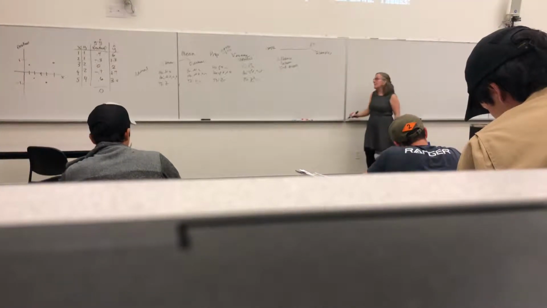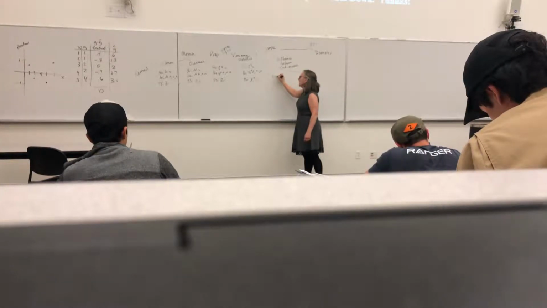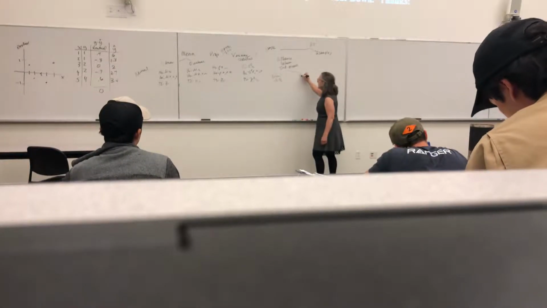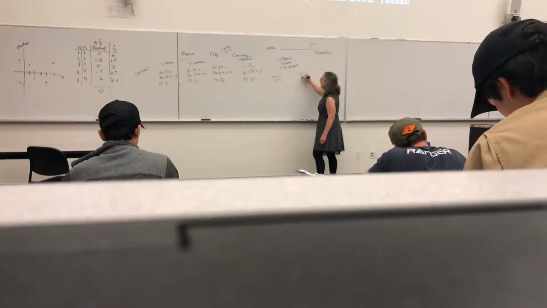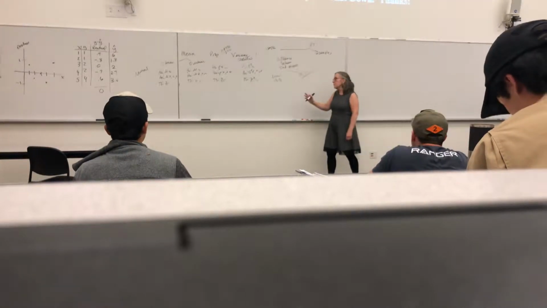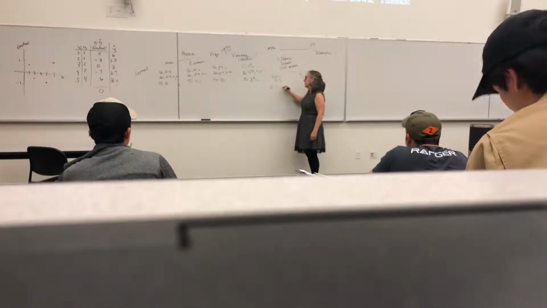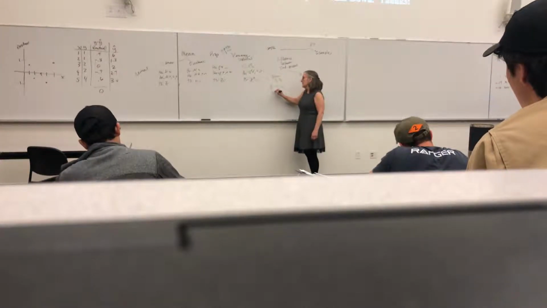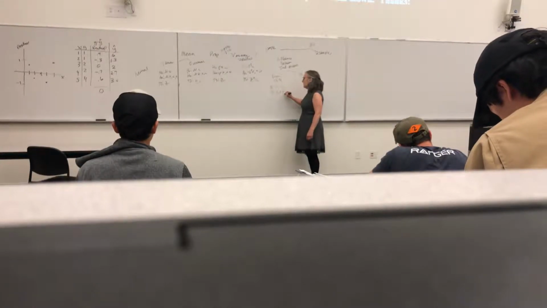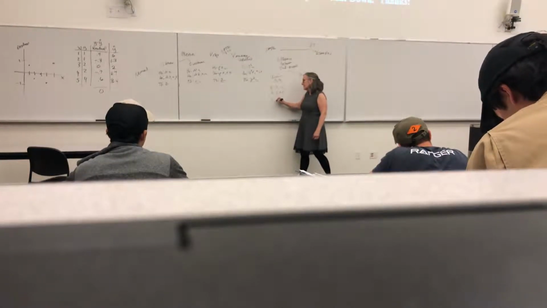Again, you have to deal with whether you know sigma. If you do, you're good to go. H0: mu1 equals mu2. HA: mu1 doesn't equal, is less than, or greater than mu2. Again, could be any of those three things. Your test statistic is z.